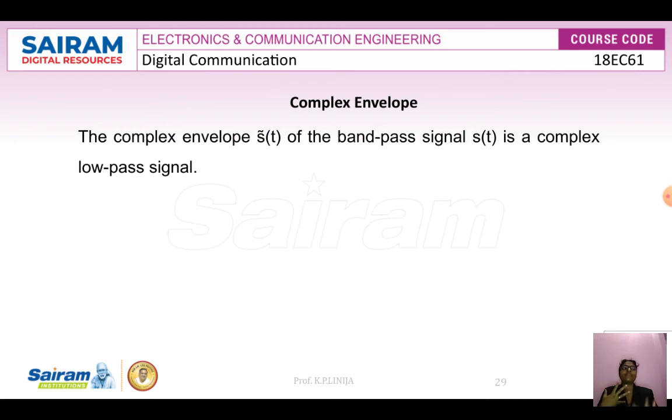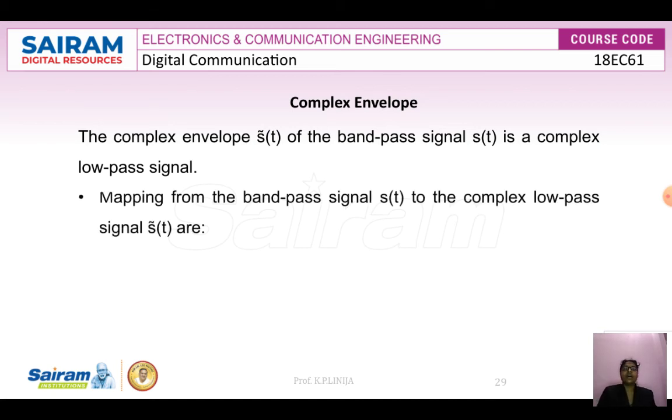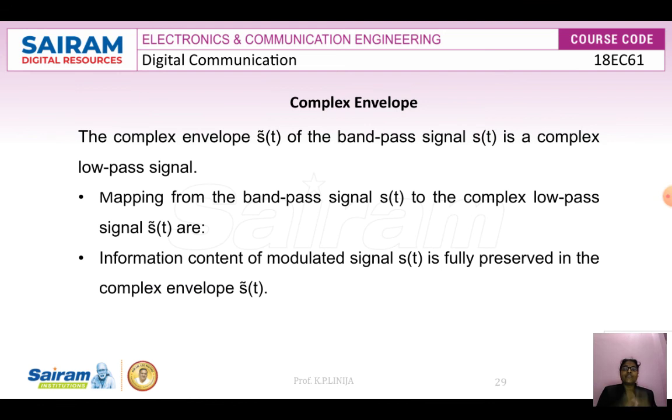Therefore, in mapping from the bandpass signal S of t to the complex low pass signal S bar of t, there are three main conditions that we need to note. The first is that the information content of the modulated signal S of t is fully preserved in the complex envelope S bar of t.